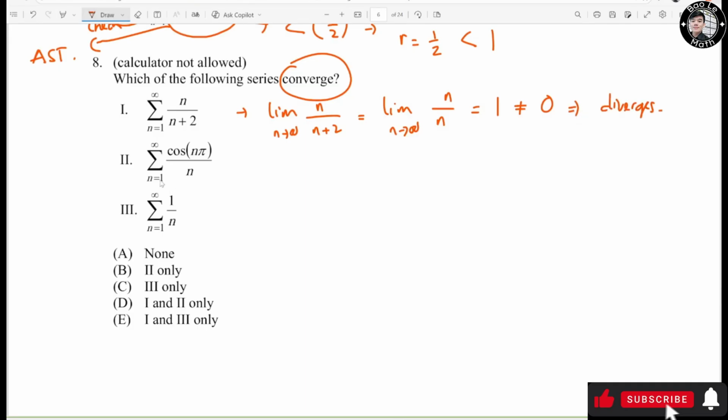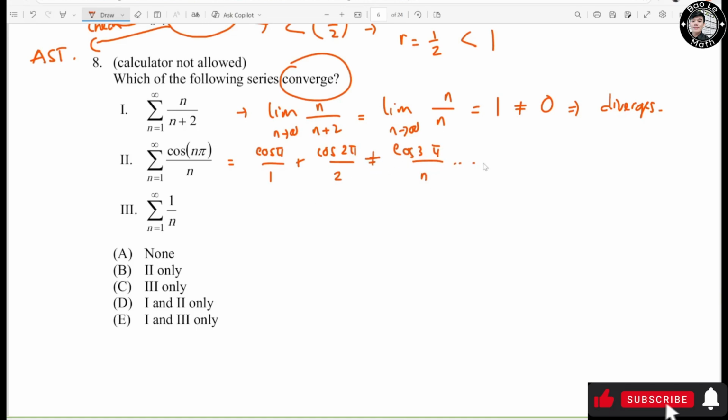Now the second one. We substitute 1 for n, and we have cosine pi over 1. Substitute 2 for n, we have cosine 2 pi over 2. Substitute 3 for n, it's going to be cosine 3 pi over 3.